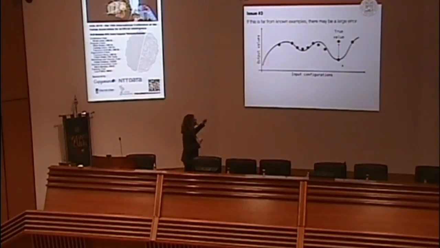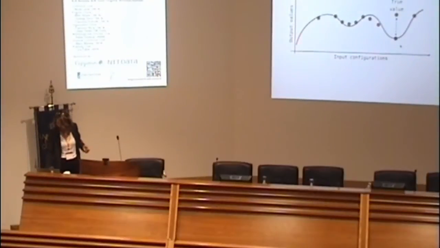So we can use active learning. We can, in a way, refine the machine learning model around the part of the space that is interesting for our optimization algorithm, because we really want to go into parts of the search space that are optimal for our objective function.